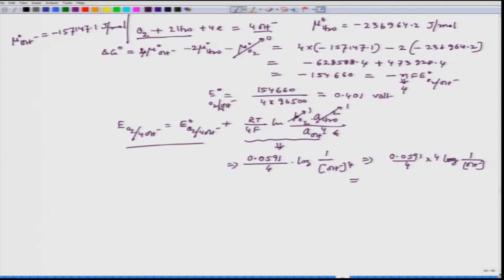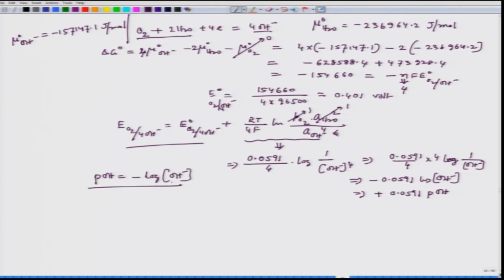So, I can still write it like 0.0591 minus log of OH minus, or I can write POH, since the definition of POH is equal to minus log of OH minus.